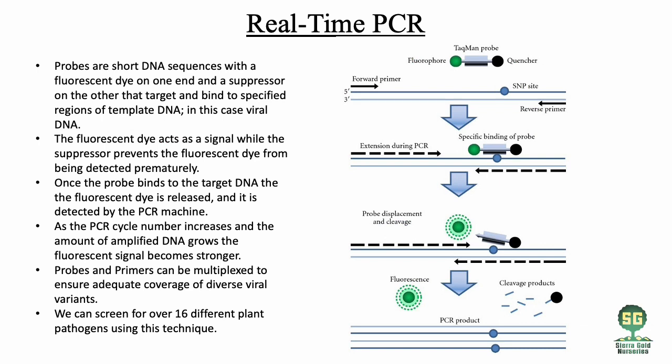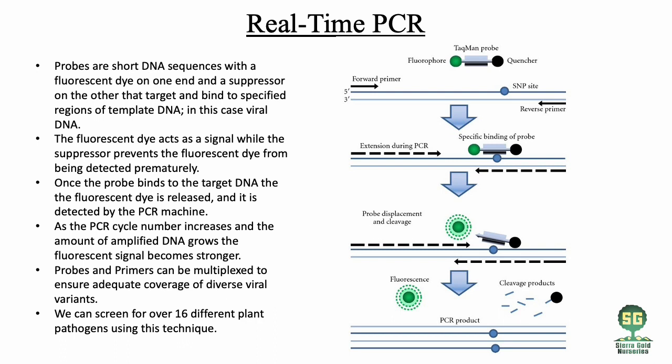One additional component to our real-time PCR test that sets us apart is the incorporation of a probe that is essentially a key that recognizes a certain sequence of viral DNA. Probes are short DNA sequences with a fluorescent dye on one end and a suppressor on the other that target and bind to specified regions of template DNA, in this case, viral DNA.